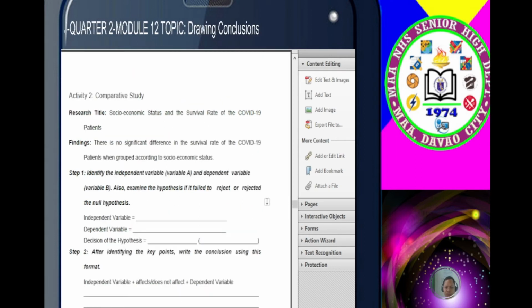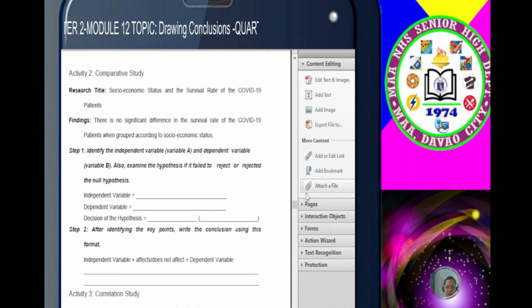For comparative studies, our title here is the socioeconomic status and the survival rate of COVID-19 patients. The findings is there's no significant difference in the survival rate of COVID-19 patients when grouped according to socioeconomic status.